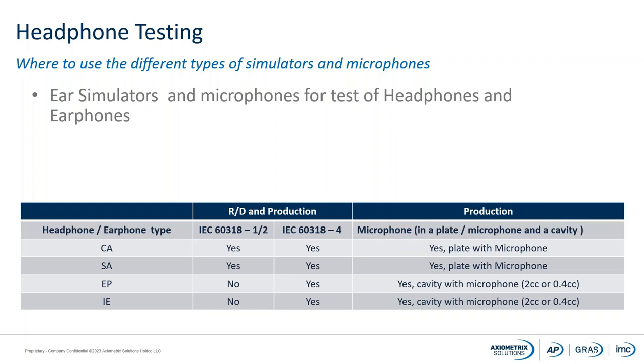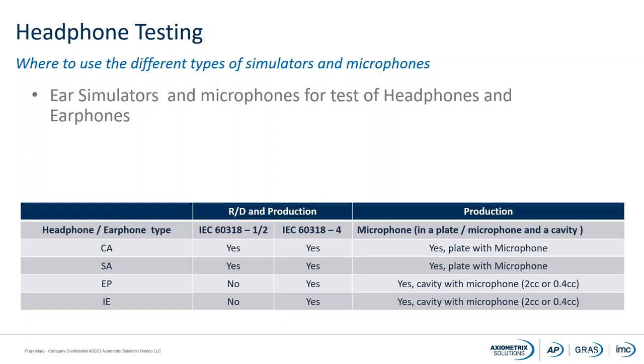In production, we will very often go for a cheaper solution, and it means if we would like to test over the ear and on the ear, then we can use a plate with a microphone mounted inside the plate.